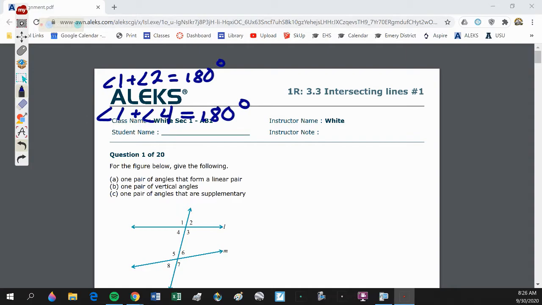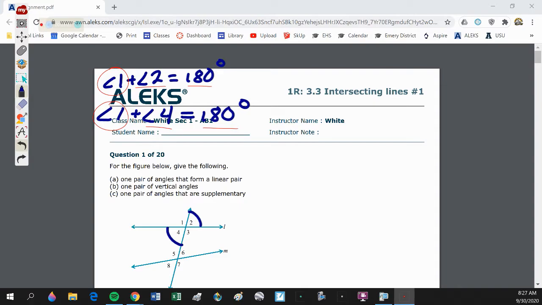How do I know that 2 and 4 are equal? This one says 1 plus 2 is 180. And the other one says 1 plus 4 is 180. The only way for that to work is if 2 and 4 are the same size.